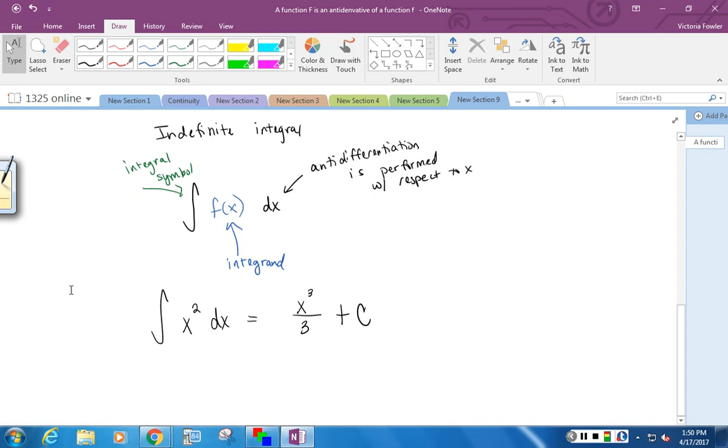So going from the left-hand side to the right-hand side, this is called anti-differentiation. And if I want to go from the right side to the left, this is called differentiation, which we have done all semester.